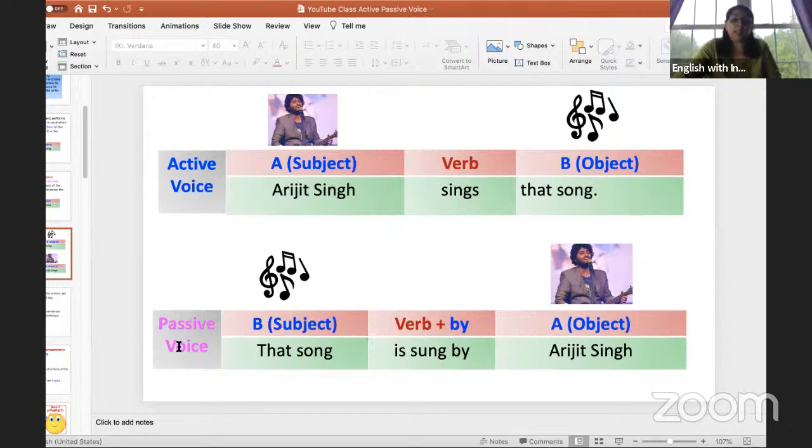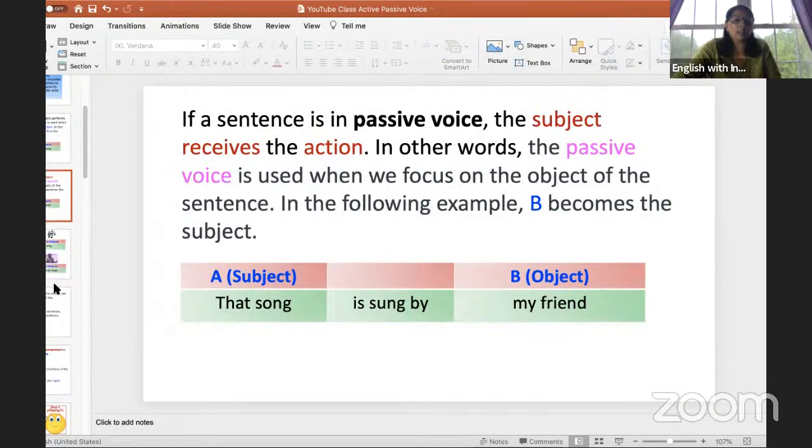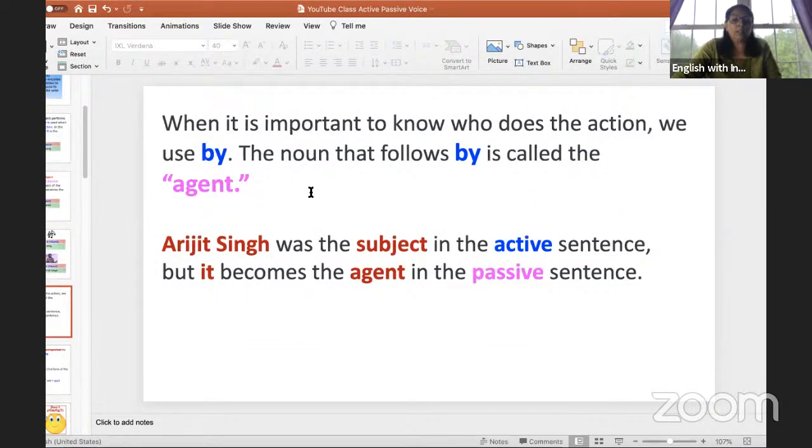But if you look at the next one, in the passive voice, now the song is the subject. So the song was the object here, but now it's the subject and is sung by Arijit Singh. So you see that here. Now we're going to talk about this. When it's important to know who does the action, we use by.